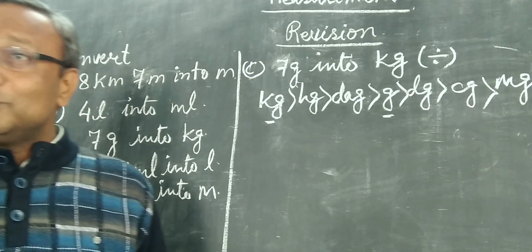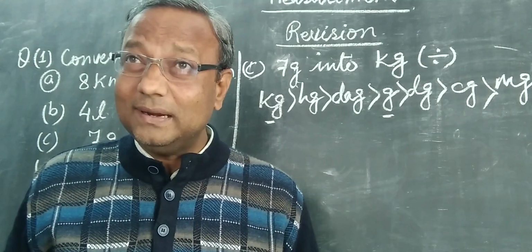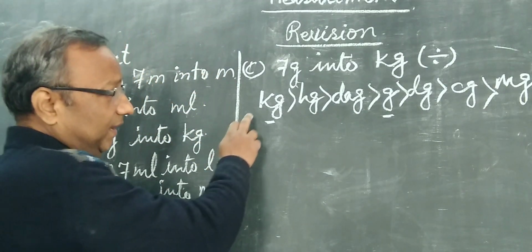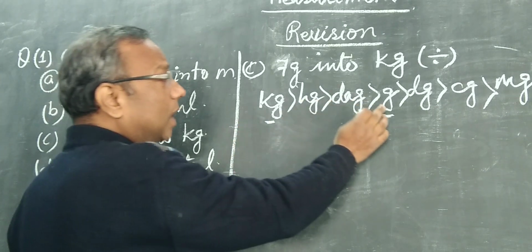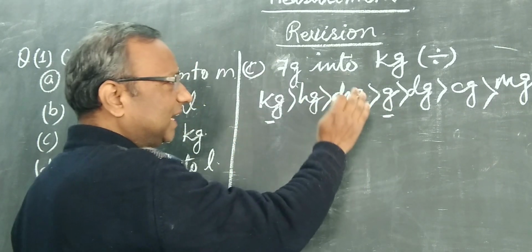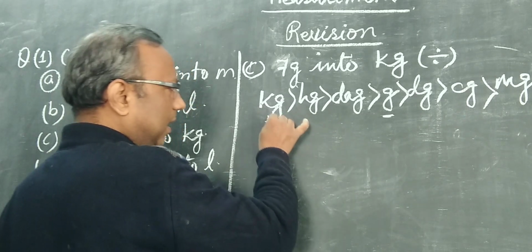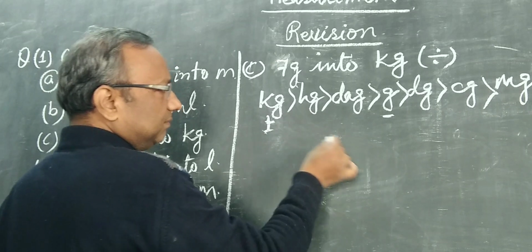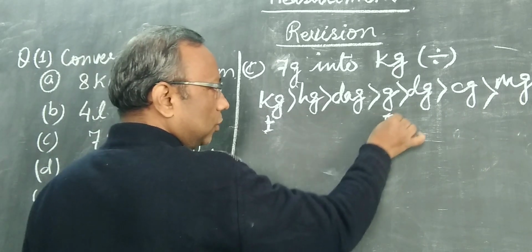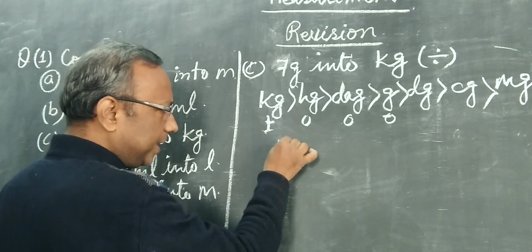Now we have to find out the divisor. By which number will we divide? Now see, this is the greater unit. 1 kilogram is equal to how many gram? Sorry, how many gram make 1 kg? So now see, we'll put the 0, 0, 0, 0. So we will write this way, boys.